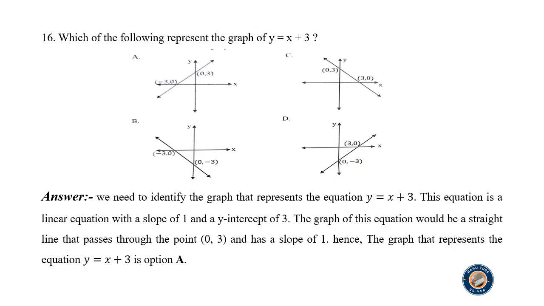This equation is a linear equation with a slope of 1 and a y-intercept of 3. The graph of this equation would be a straight line that passes through the point 0 and 3 and has a slope of 1. Hence, the graph that represents the equation y is equal to x plus 3 is option A.